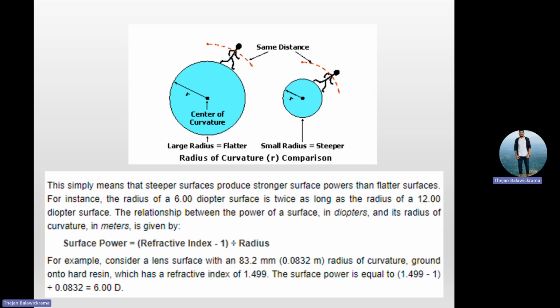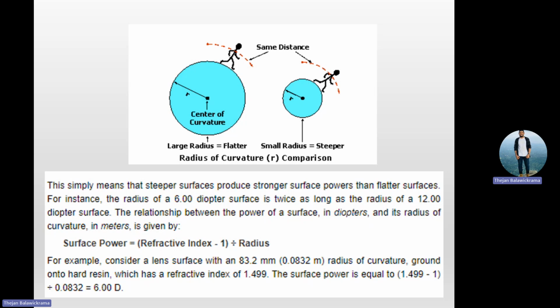Can you see steeper curvatures? Surface. So that's why you check the lens size, mirror, and surface. Radius of curvature is high and low.